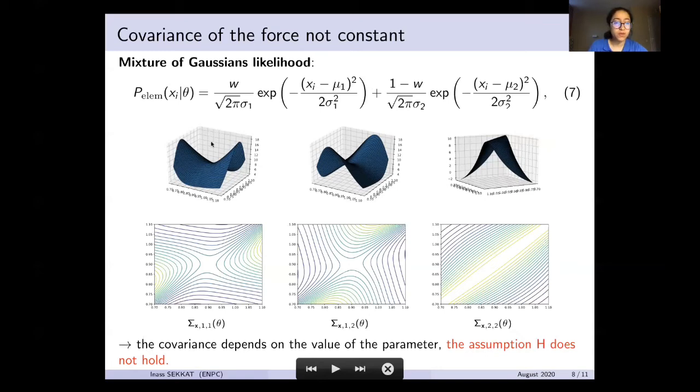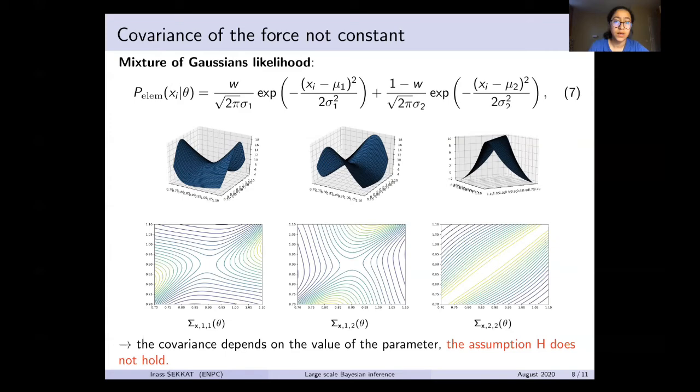So in this figure, we plot the covariance matrix of the stochastic gradient with respect to mu1 and mu2. So we can clearly see that this covariance depends on the value of the parameter.